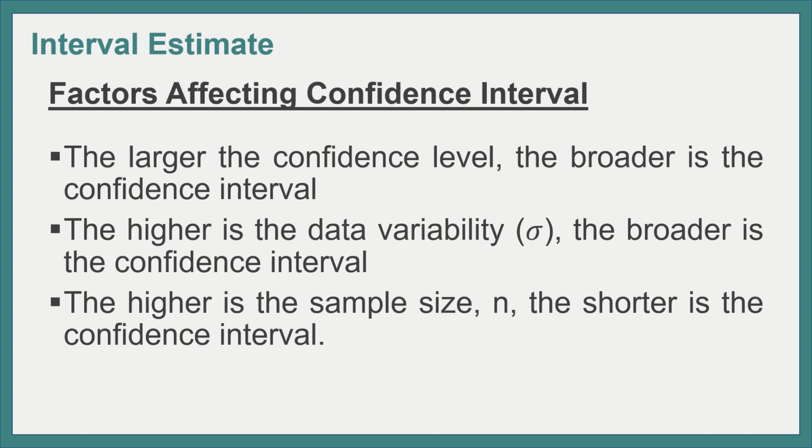So the larger the confidence level, the broader is the confidence interval, and vice versa. The higher the data variability, the broader is the confidence interval. And the higher the sample size, the shorter is the confidence interval.